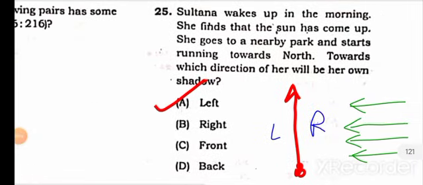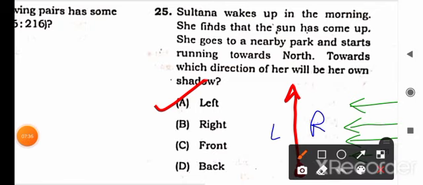Next, come to this question. Sultana wakes up in the morning. She finds that the sun has come up, and she goes to the park and starts running towards north. Towards which direction will her own shadow be? See, here is Sultana, and she is going northwards.